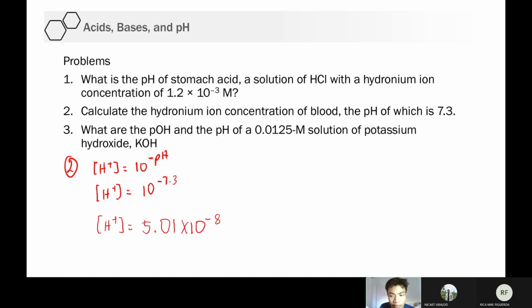Kapag concentration, kailangan may unit. Kapag pH, pOH, walang unit. So ano yung ilalagay nating unit dito? So katulad ng sa previous problem, pag concentration, ang ginagamit nating unit ay molar. Okay? So you can represent that by capital letter M. Pwede rin naman na mole per liter.